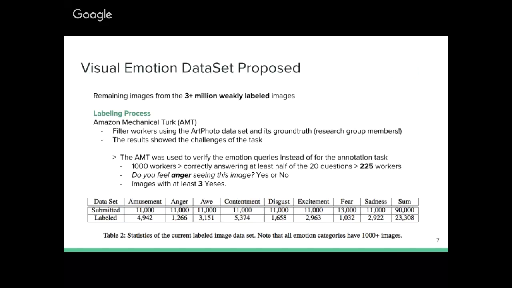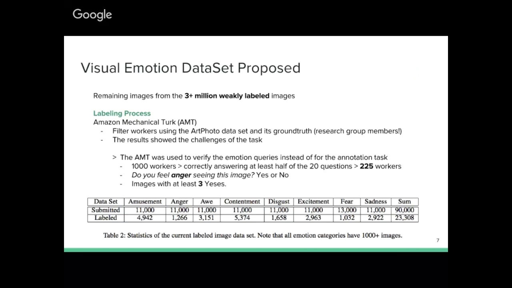What they thought is, okay, let's use an already public dataset, the art photo, for which we have the strong labels, and let's see if the workers can label that properly. For that, they used their own members of the research group, and they saw that it was really difficult for them to label it correctly.